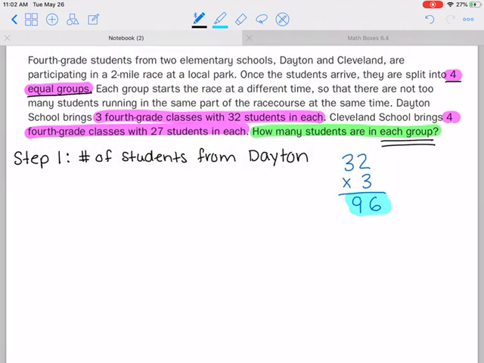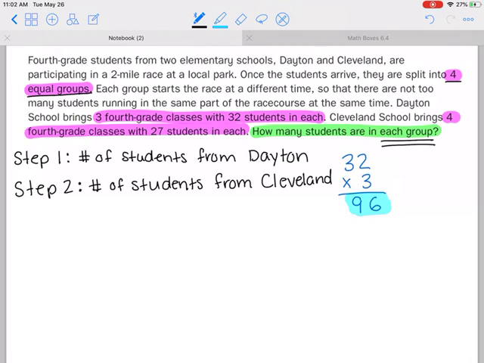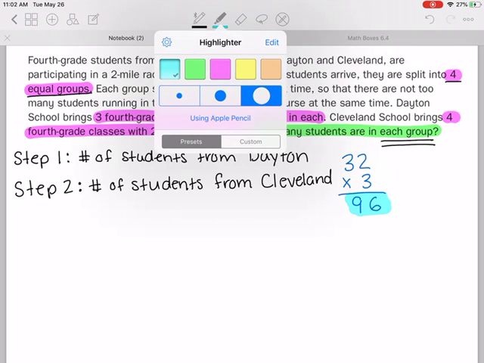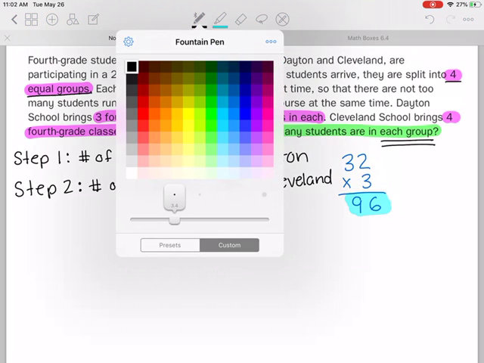I'm going to do the same thing. Step 2 is figuring out how many students came from Cleveland. It says 4 4th grade classes with 27 students in each.